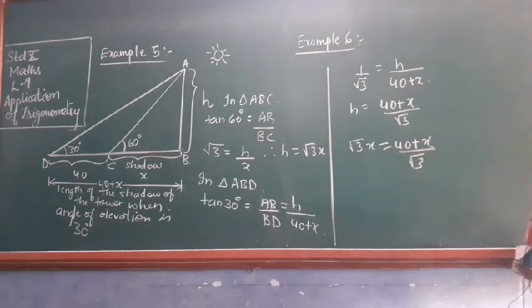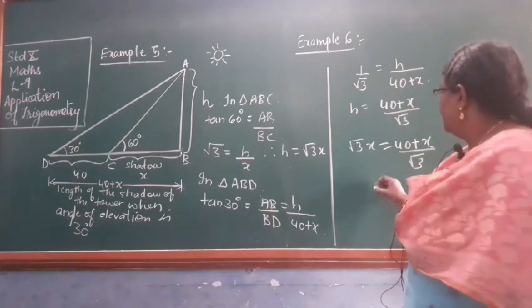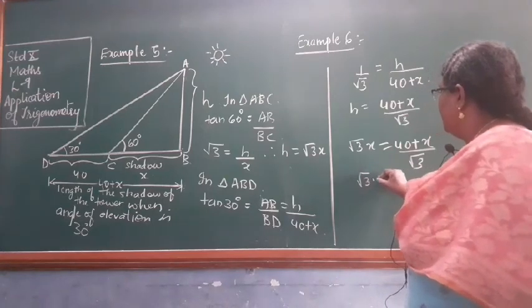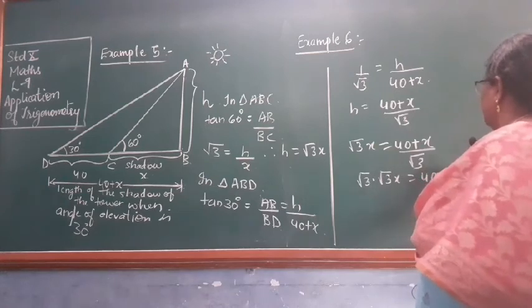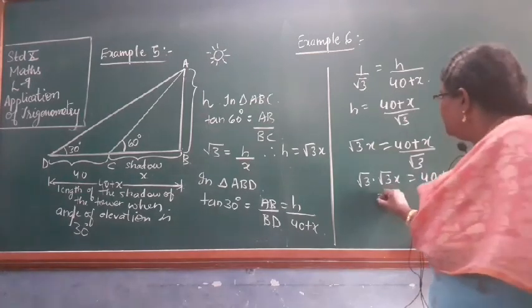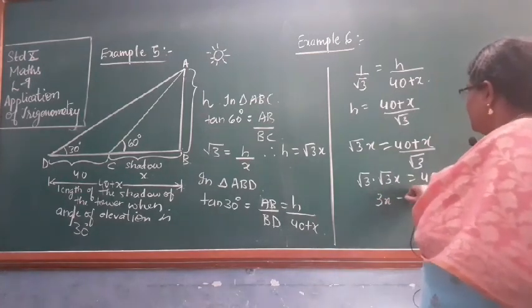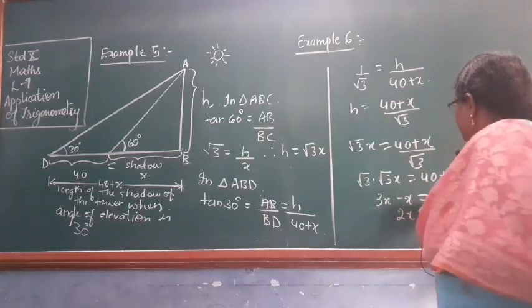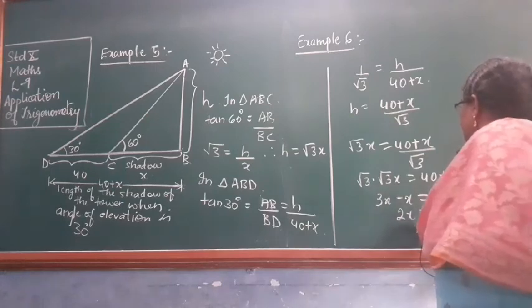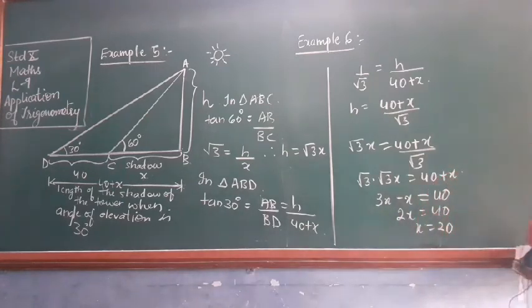I bring it here, so it is √3 into √3x is equal to 40 plus x. So this becomes 3x. Taking x to this side, 3x minus x will be equal to 40. So 2x is equal to 40. X is equal to 20.